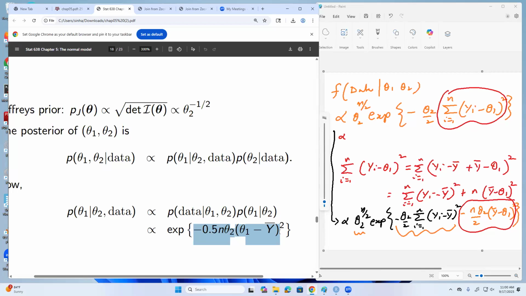Therefore, the posterior distribution of theta 1 is a normal distribution with mean y bar and variance 1 over n theta 2.